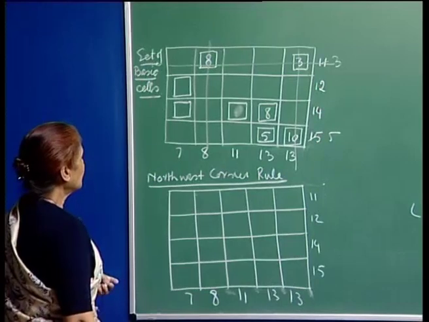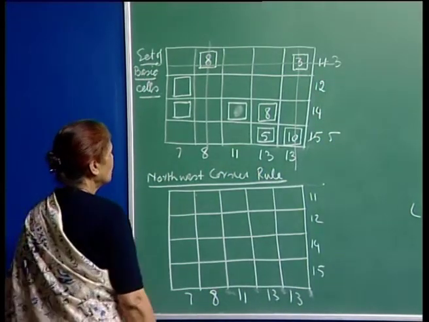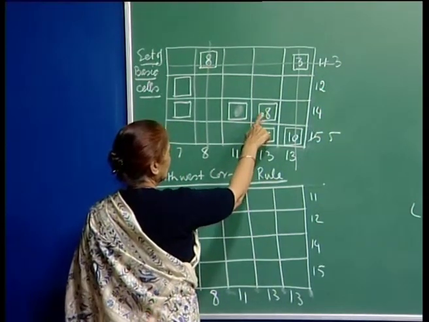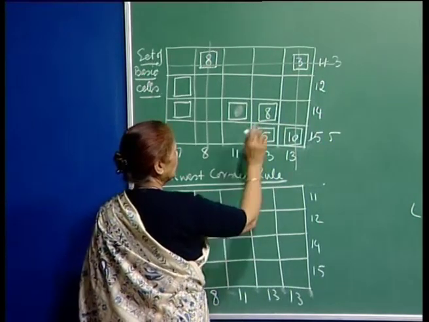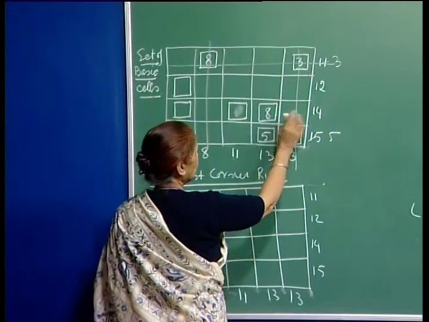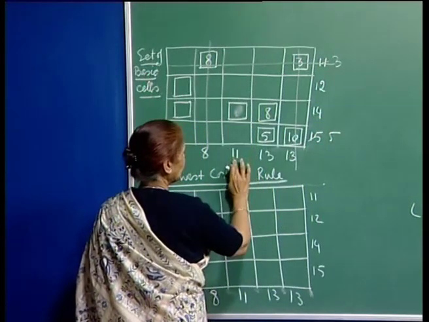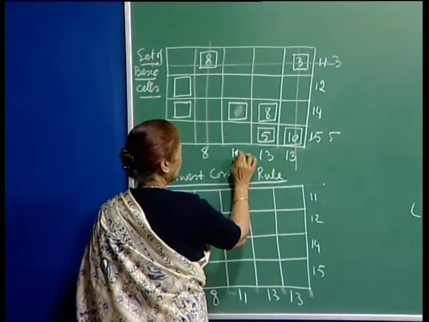I will tell you what is the problem. See here, this is 11, and if I make this 8 here, then this will be 6. So there will be a problem if I make 6 here, then this remains. So this will not be satisfied.